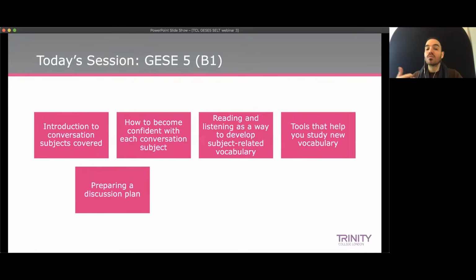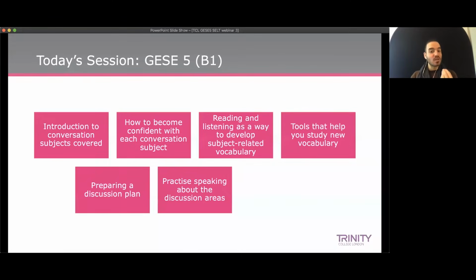We will then continue with the preparation for the discussion. So how can we make a discussion plan? This we need in our heads. We are not using a discussion plan during the exam, but we need to have a discussion plan in our head at home when we think about the different topics.